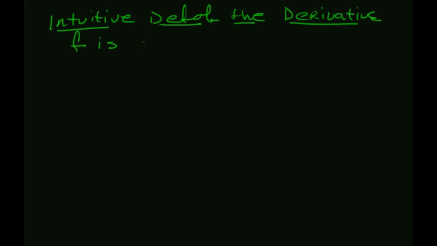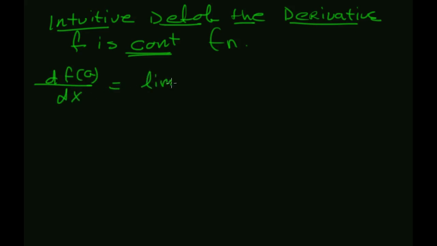So if f is a continuous function, and it's important that f has to be continuous, then the derivative of f at point a with respect to x is going to be the limit as x approaches a of f of x, so this is like the position at time 2, minus f of a, this is like the position at time 1, over time 2 minus time 1.